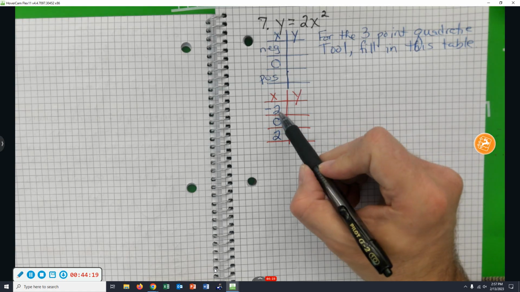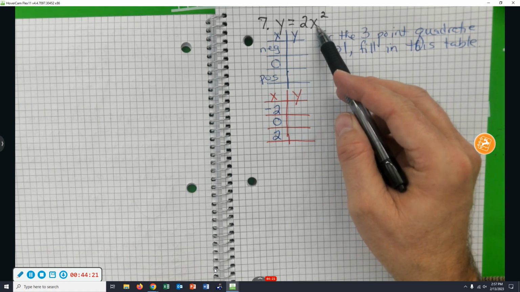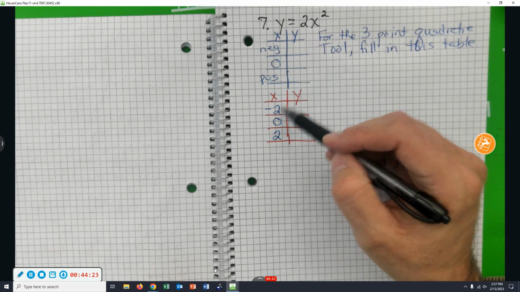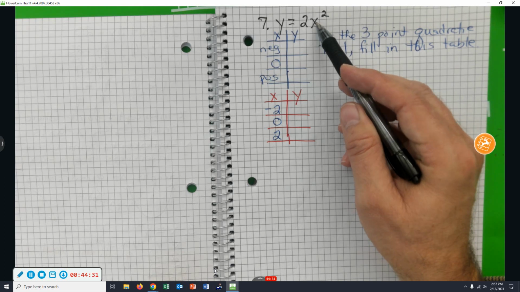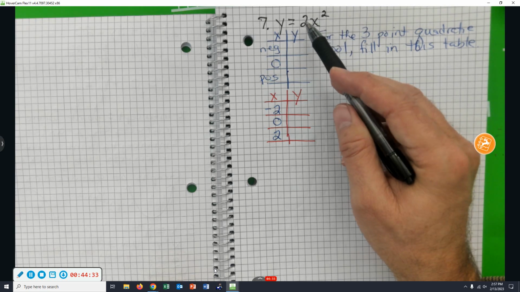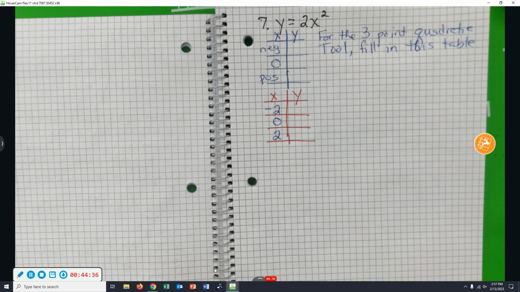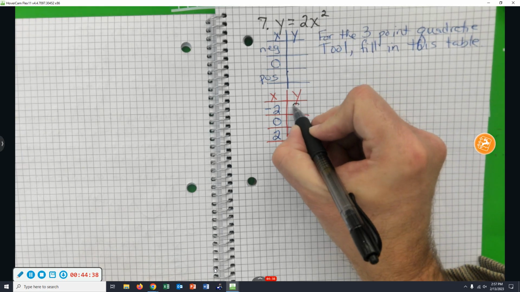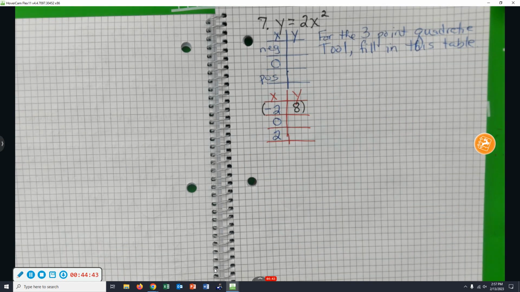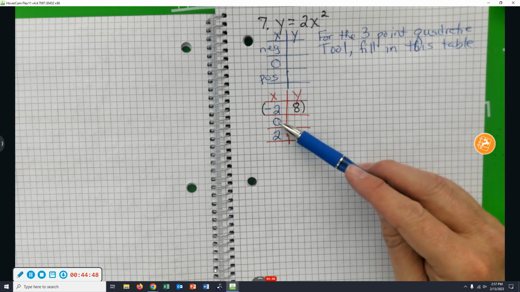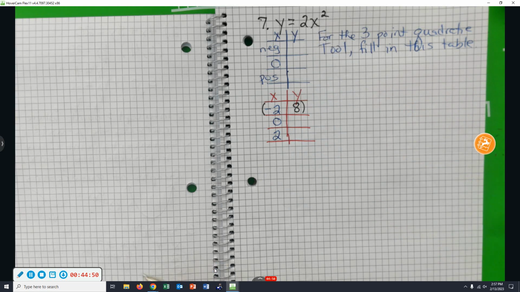Be careful. Plugging in the -2 for x. You put the -2 in for x. What are we going to get for y? -2 times -2 is 4, +4, right? Times 2. Are we getting an 8 here as our first point? -2, 8. Now plugging in a 0, is that going to be pretty easy? How will I plug a 0 in?